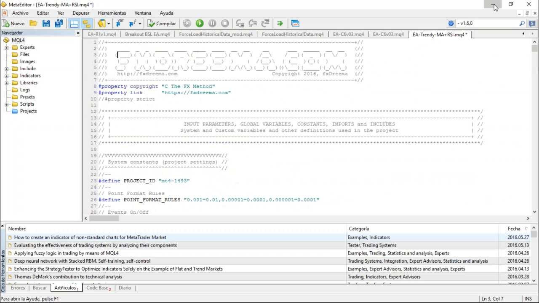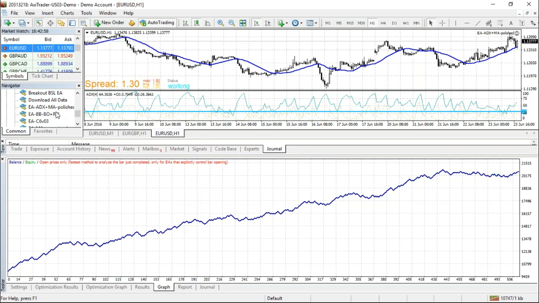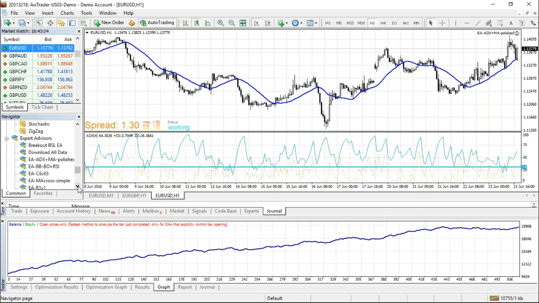And EX4 is compiled code. I cannot read it. If you want to give it out to somebody and you don't want to share the source code, you give out the EX4. There's no way they can crack it. For example, you see here the bots, expert advisors, and a Saturn with rings, and a satellite.